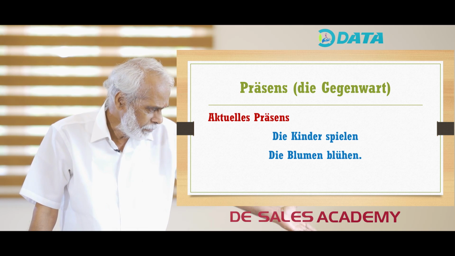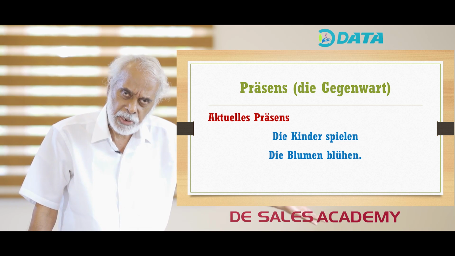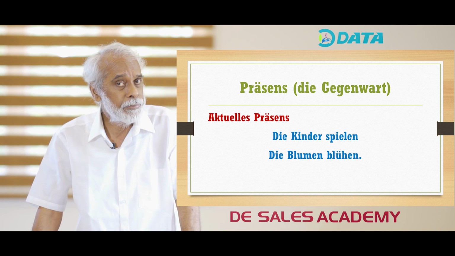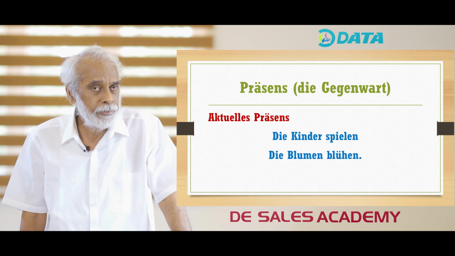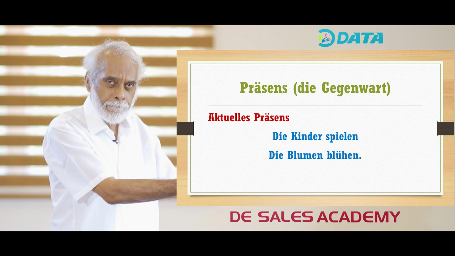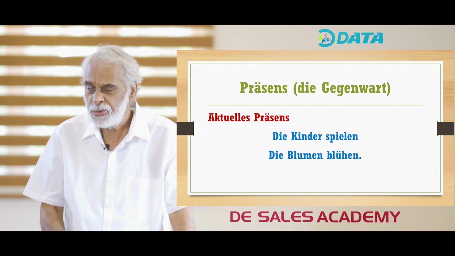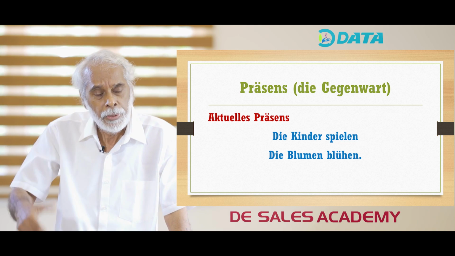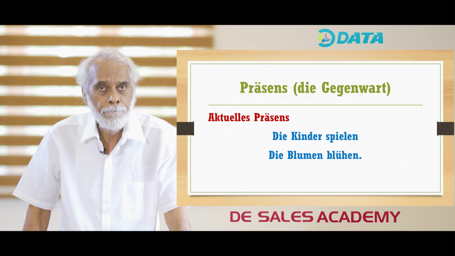When I say the children are playing, I see it now. I see it with my eyes. When I say die Blumen blühen, the flowers are blooming, are they blooming in front of me right now? No. There's a little difference. We are coming to that in our coming sentences.